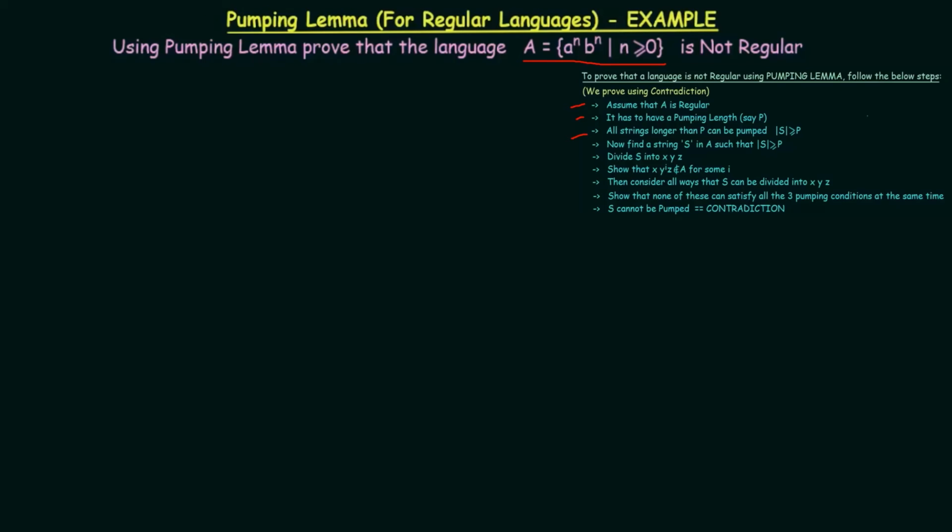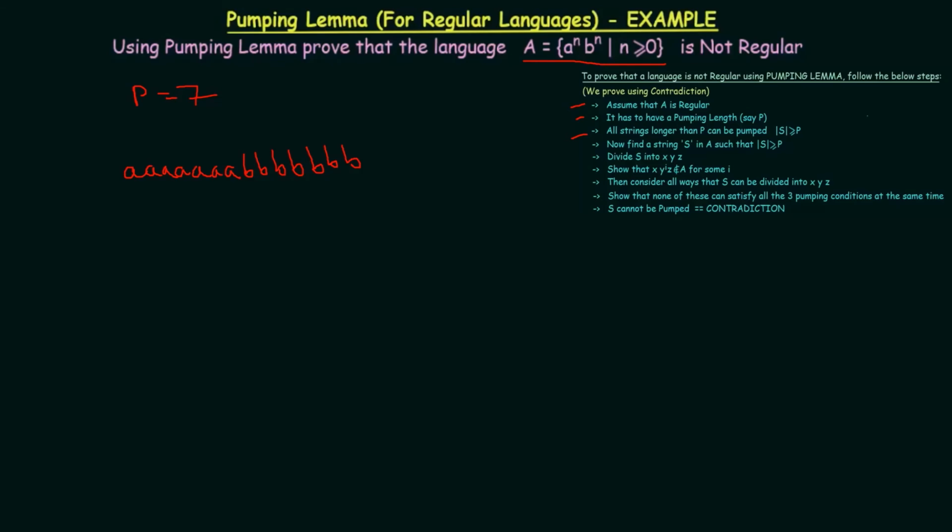Now it has to have a pumping length of say P. So let's say the value of P for this particular example is 7. Now all strings longer than P can be pumped. So let's say the string will be seven A's followed by seven B's.